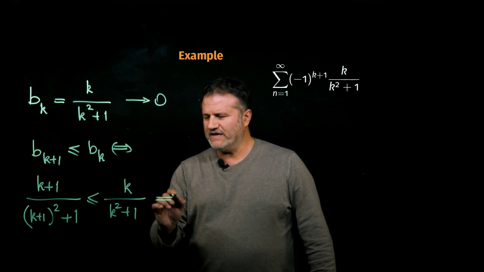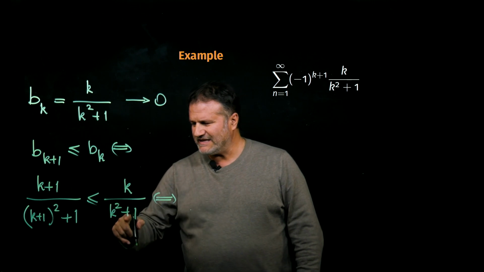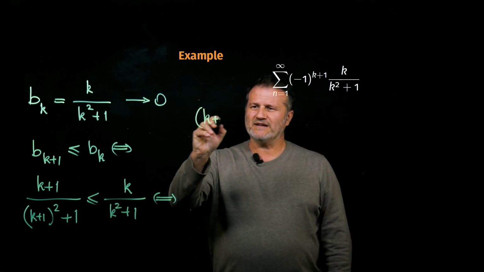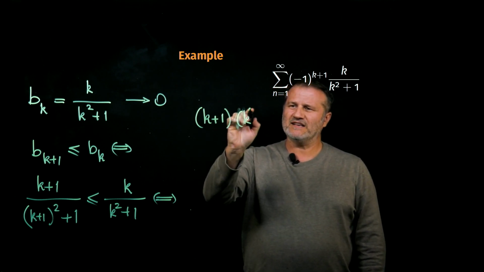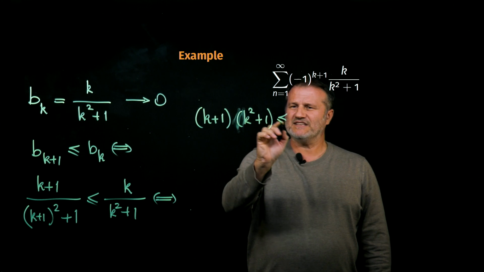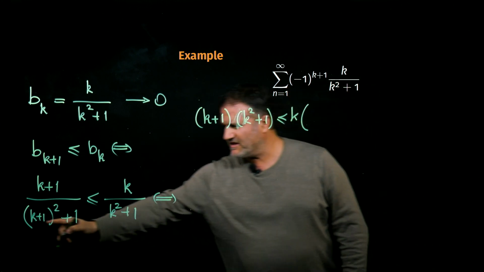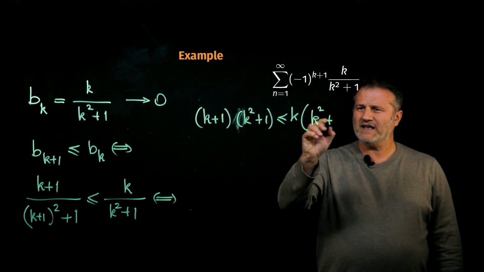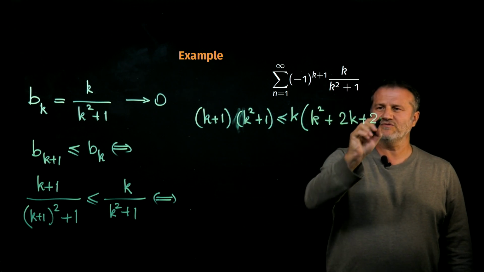Now, we carry this inequality in line, so we have (k+1) times (k squared plus 1) must be less or equal than k times that denominator, (k+1) squared plus 1, so it is k squared plus 2k plus 1 plus 1.